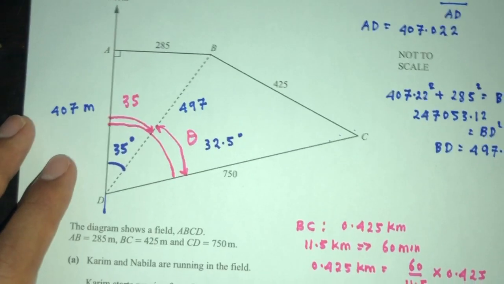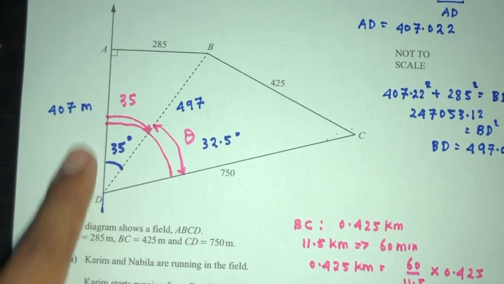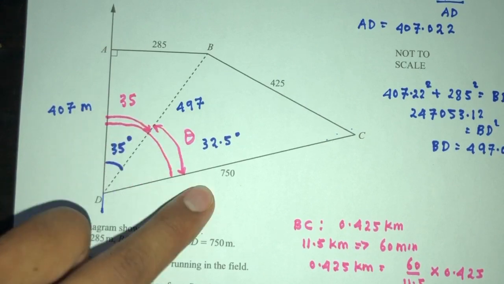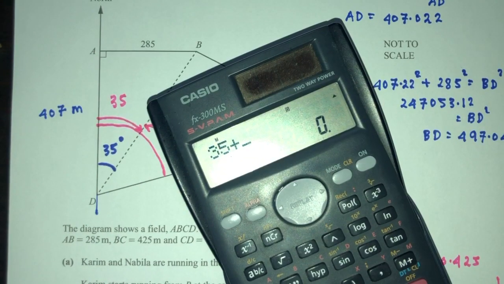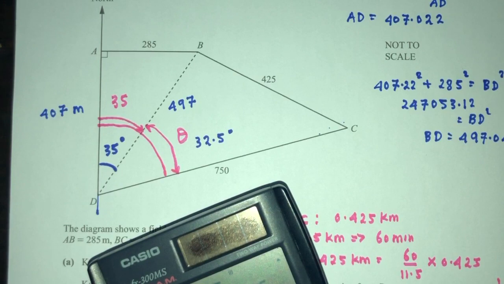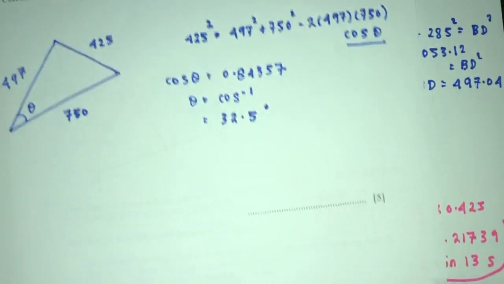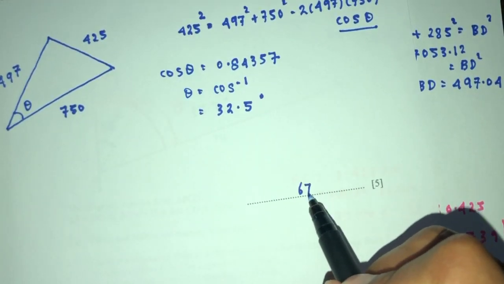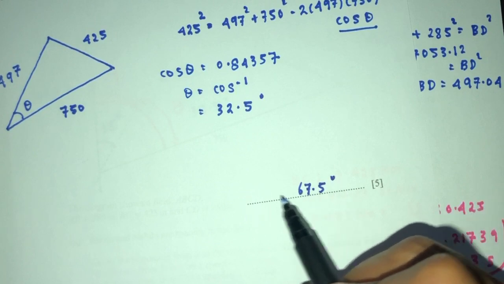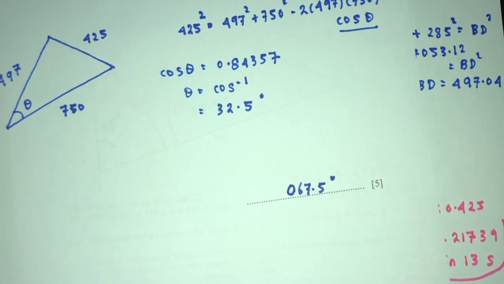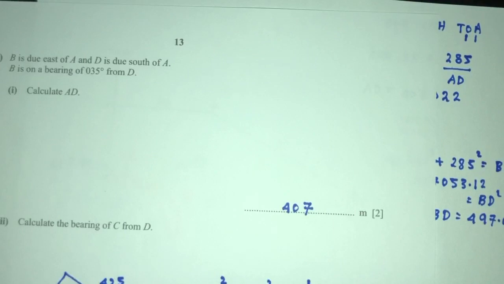So we know that the bearing of C from D, that will be 35 plus this one. 35 plus 32.5. That will be 67.5. So the value will be 67.5. You can leave this as such, or you can write 0 here to show that it is a bearing. Up to you. Both answers are accepted in the marking schemes.